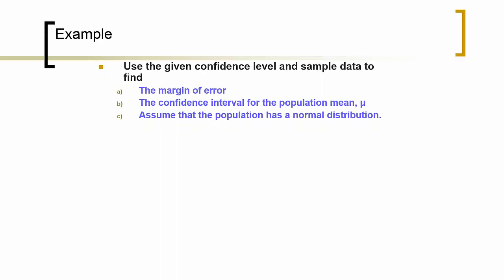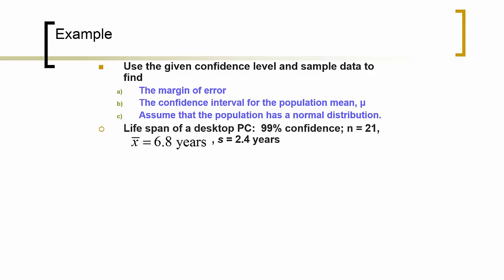So here we're going to use the given confidence level and sample data to set up a confidence interval for the population mean mu. We're told to assume that the population has a normal distribution, so it satisfies the requirements. So the lifespan of a desktop PC, we want to estimate what the lifespan should be. We want to set up a confidence interval to do that.